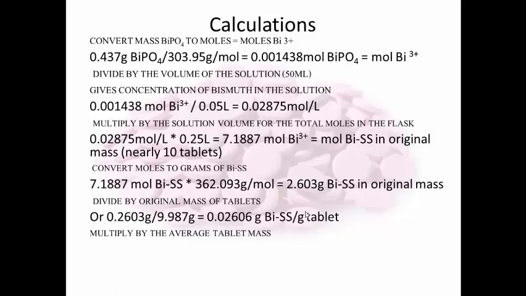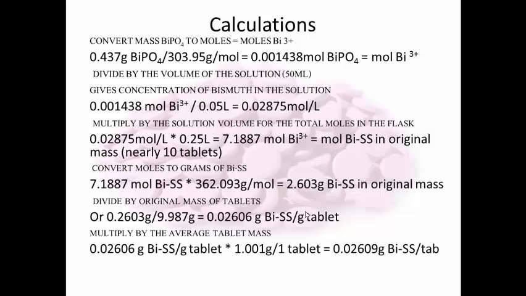Multiply this by the average tablet mass, and you'll get the grams of the bismuth subsalicylate per one individual tablet. And you can convert that then to milligrams and compare that to the advertised strength on the package.